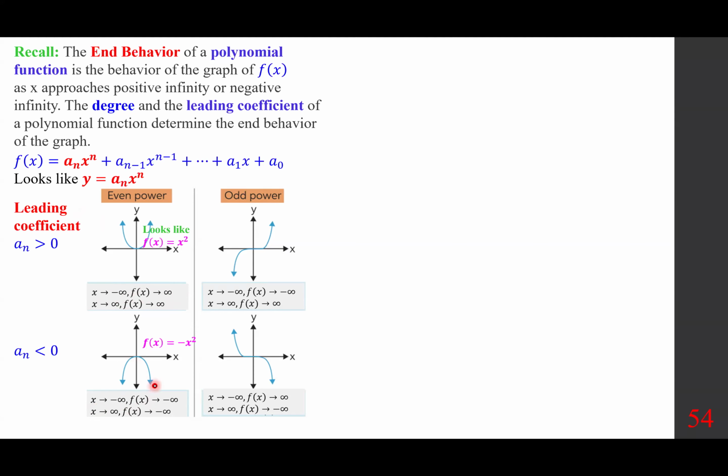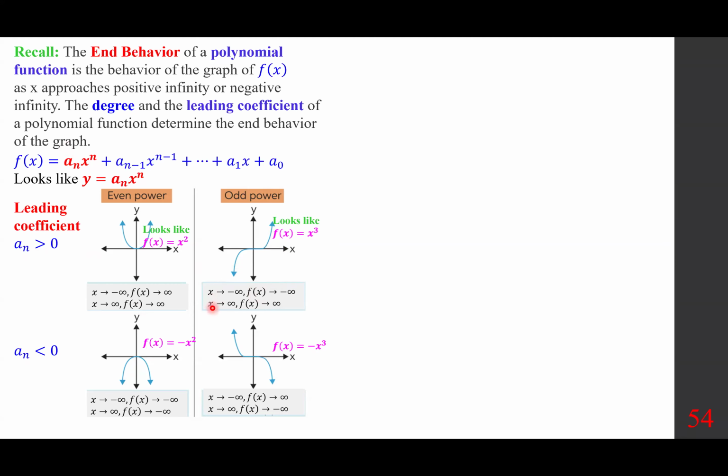Now, if we are dealing with odd power, in other words, n is odd, then it will look like either x cubed or minus x cubed. If a sub n is positive, it looks like x cubed. If a sub n is negative, it looks like minus x cubed. In the case of x cubed, we are looking at the first and third quadrant, meaning x goes to negative infinity, so does y.